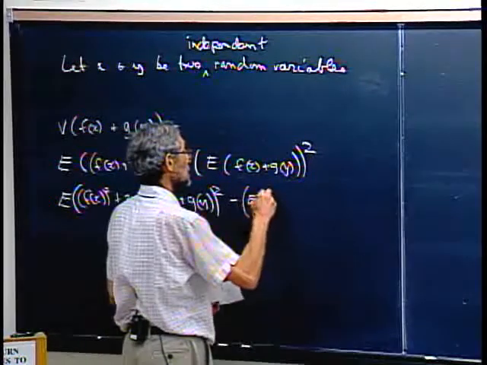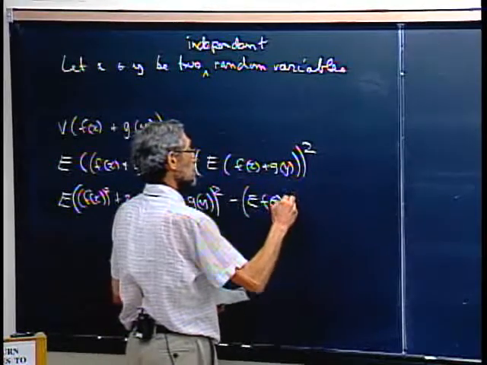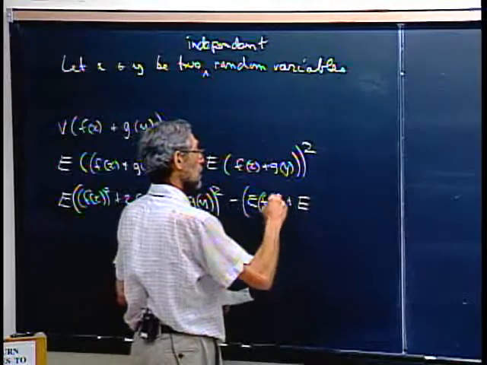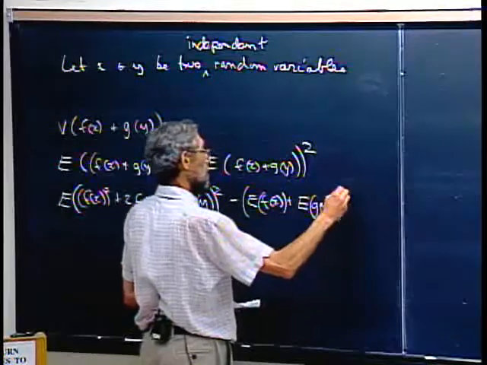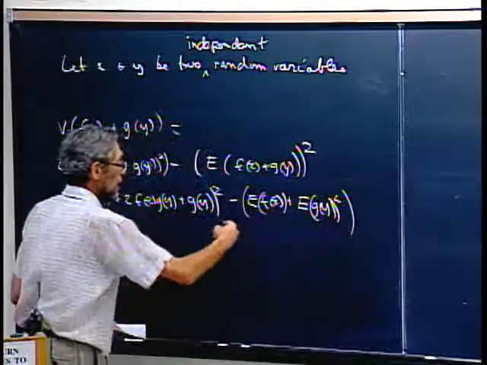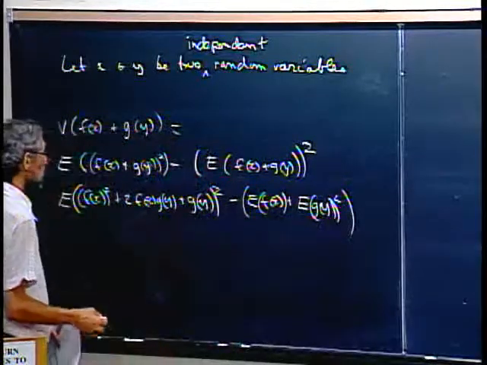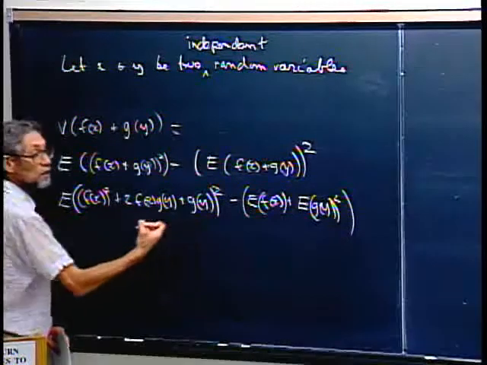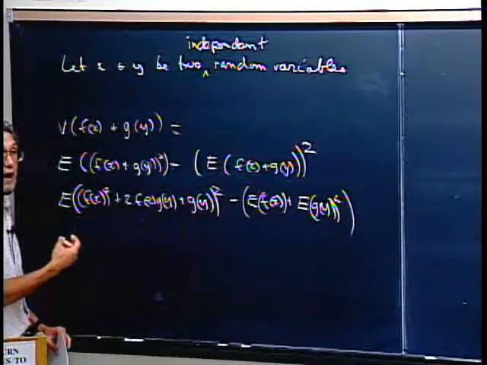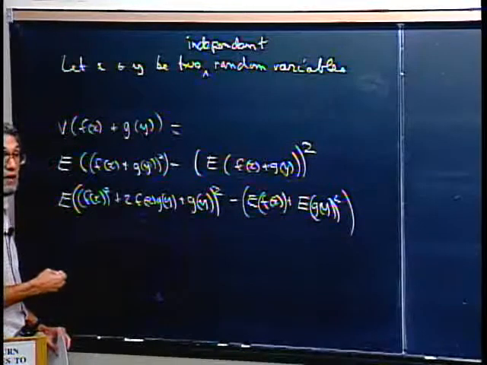So it's the expectation of f of x plus the expectation of g of y, squared. And I'm subtracting that. So I'll end up multiplying this out. But now I have the expectation of a sum of a bunch of different terms, and they're all functions of random variables.